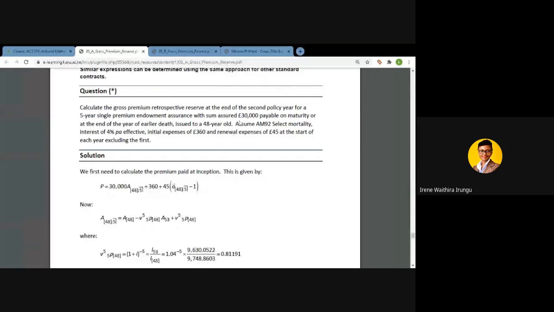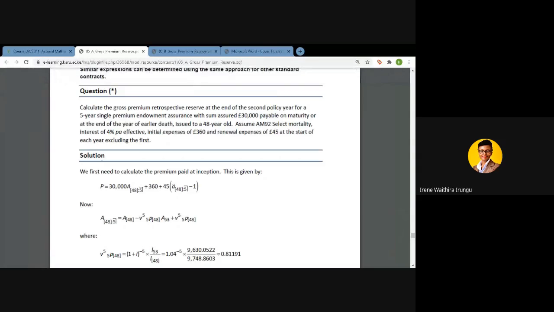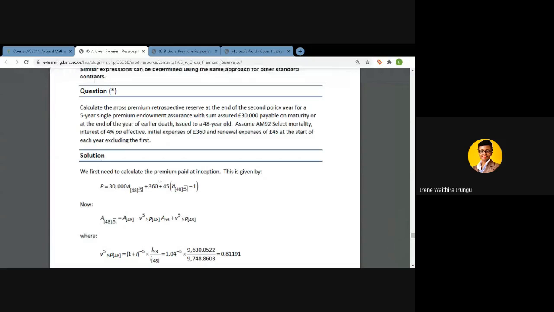So it's a 5-year single premium endowment assurance. So we must determine what is the value of this single premium. So we need to know the premium at the original point of the contract, as well as the expenses and the benefits. So the first thing we do is to calculate the premium. So we are told that this is a 5-year single premium.